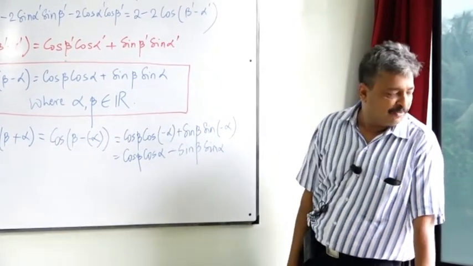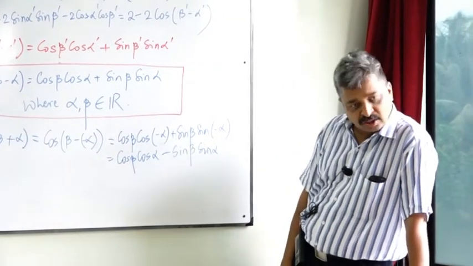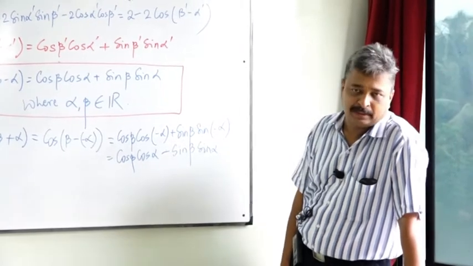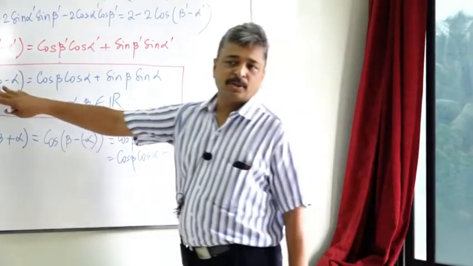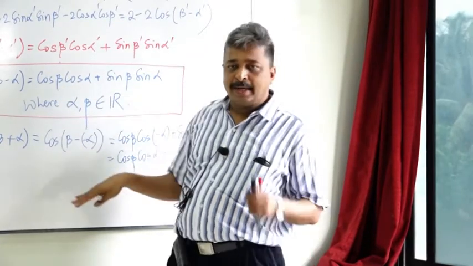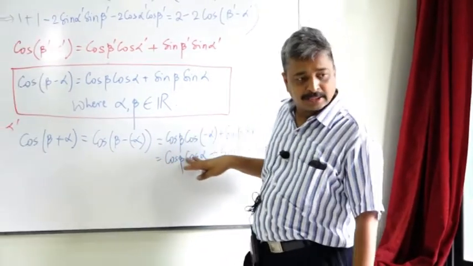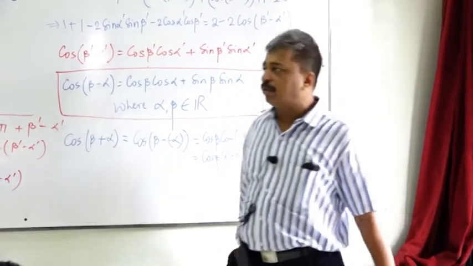So cos of the difference of two angles is cos cos plus sin sin. And cos of the summation of two angles is cos cos minus sin sin. That is how we are supposed to remember.